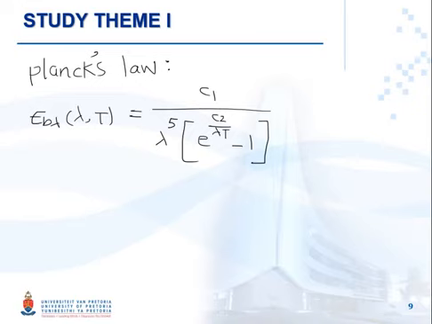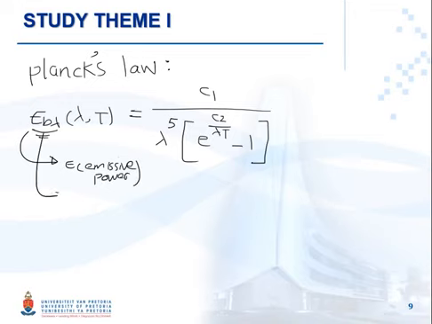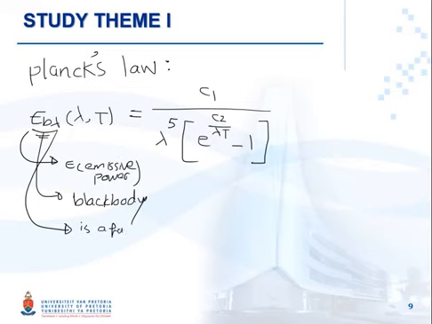But how are we going to read this one? So E_b lambda. Of course we know that E is emissive power. B stands for black body, and lambda shows that it is a function of wavelength.